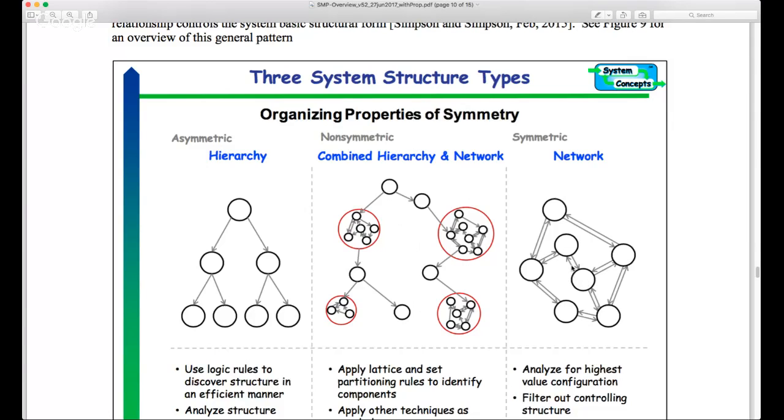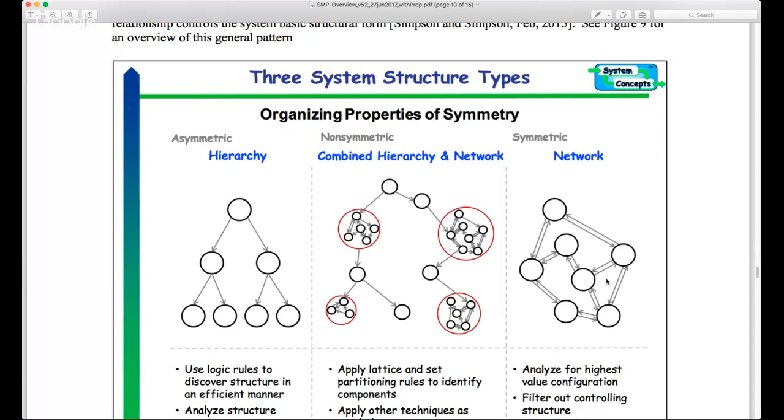As we talked about in Weinberg's three areas, when we find a structure for a system, if it's hierarchical, then we can probably apply some analytical techniques from the simple machine area, because you have a highly constrained type of structure.